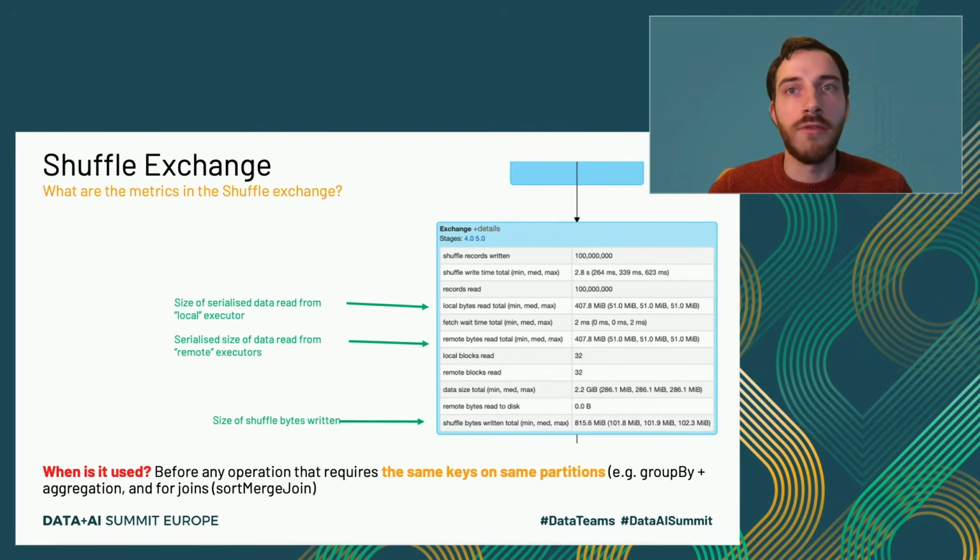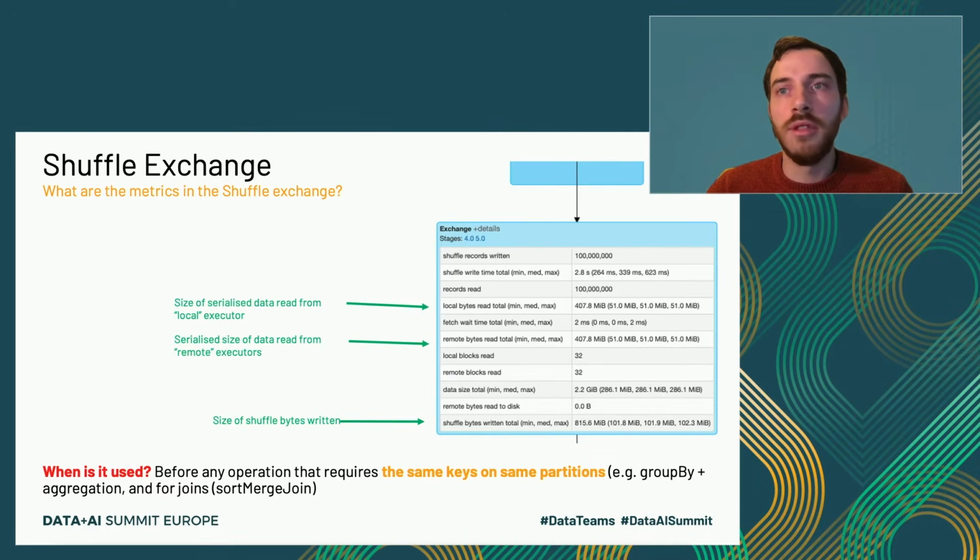You see stages 4 and 5. One stage will write out shuffle files to disk, and then the second stage will read those shuffle files in according to the required distribution of the operation that requires the shuffle.